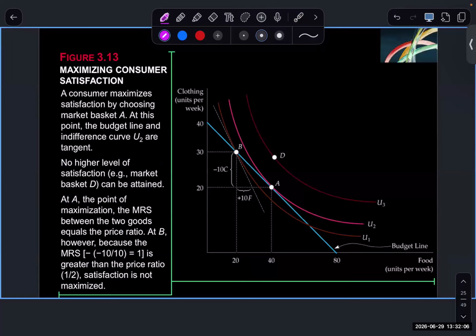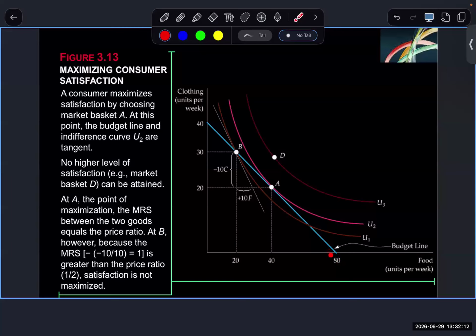Let's take a look at this graph. Okay, actually, I already showed you. Let's see, our budget line is here, the blue line. And we have three indifference curves, U3, U2, and U1. Which one is the optimal? It happens here, right?